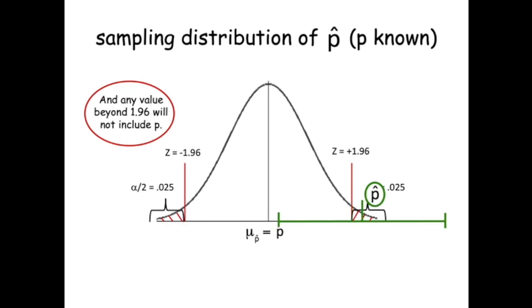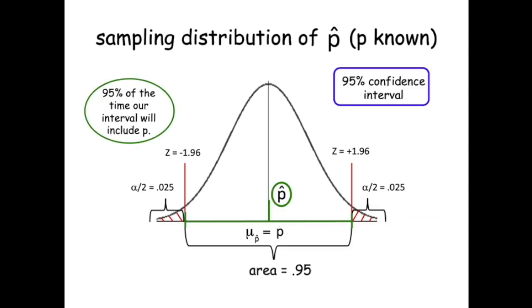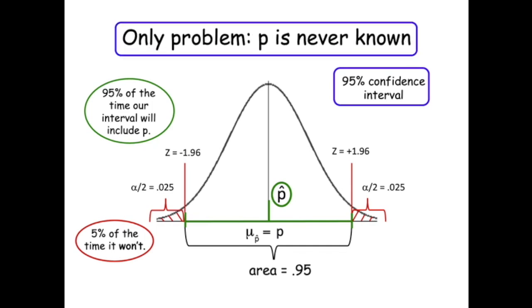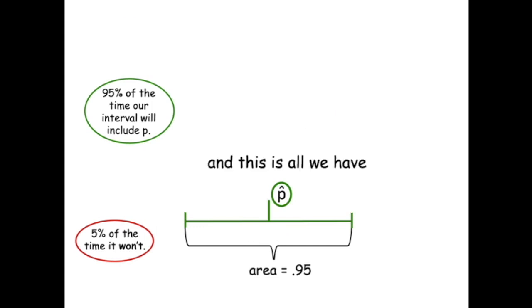Any value for p hat beyond this point will result in an interval estimate that does not include p. So using a 95% confidence coefficient, 95% of the time the interval will include the parameter being estimated, and 5% of the time it will not. The problem, of course, is that we don't know the value of the parameter. And this is all we have, p hat and an interval around it.